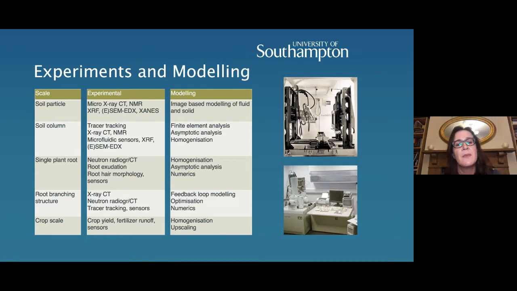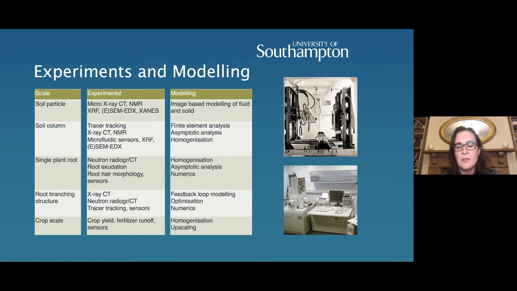And we use the combination of X-ray CT, NMR, XRF, SEM, EDX, and XANES on a pore scale. And by necessity of the scales changing, these techniques against which we calibrate our mathematical models have to change. So when we come to the root branching structure scale, in addition to doing the imaging techniques on a coarser scale, we also use lots of soil sensors to monitor in a time-intensive manner the soil chemistry.